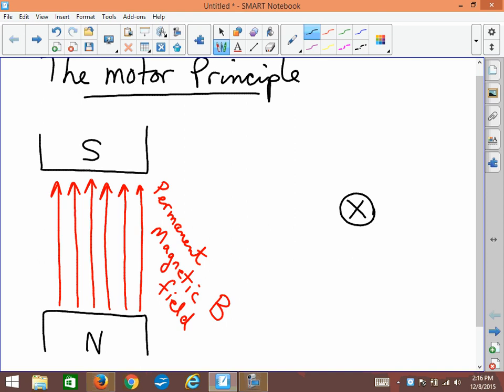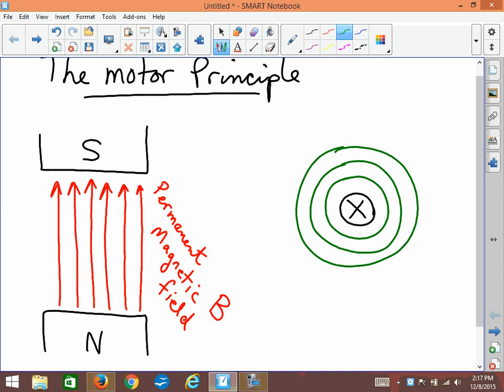Remember how we use the X to show that this is a wire running into the board or into the computer screen, and the current is going away from you into the computer screen. If we use a right-hand rule, we can see that it will produce a magnetic field also. And that magnetic field will be around the conductor. This is Oersted's principle.